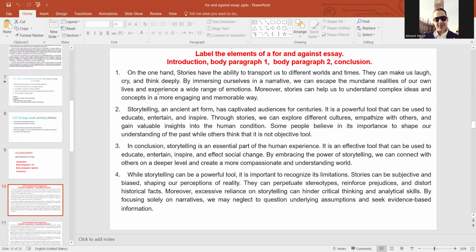This is the model of an essay. I want you to label it. Which one is the introduction? Which one is body paragraph one, body paragraph two, and the conclusion?